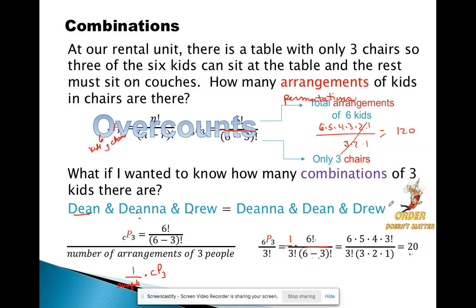This tells me that there are 120 ways to arrange these 6 kids in 3 chairs where the arrangement of Dean, Deanna, and Drew is different than the arrangement of Deanna, Dean, and Drew. Whereas 20 counts them the same, which is why it's a smaller number than 120, and to make it smaller, divide.